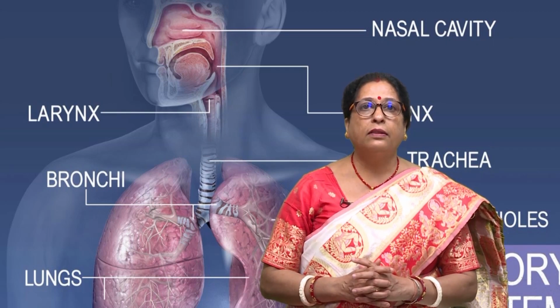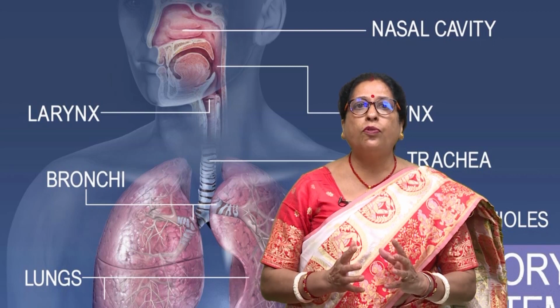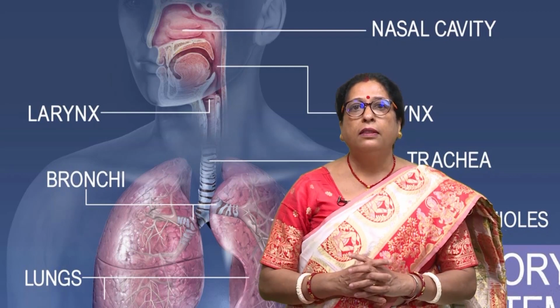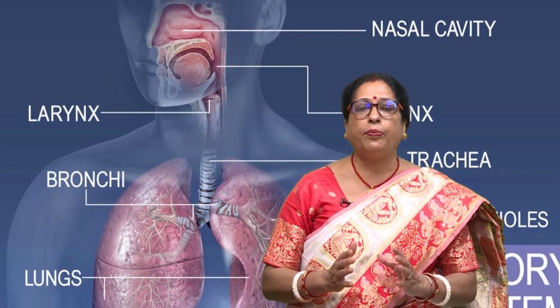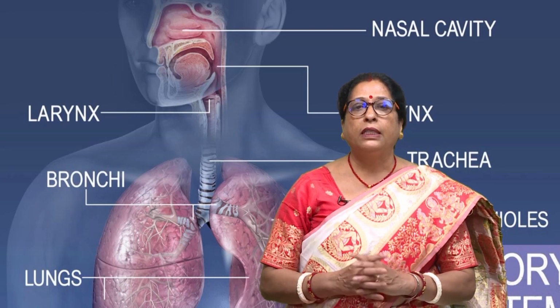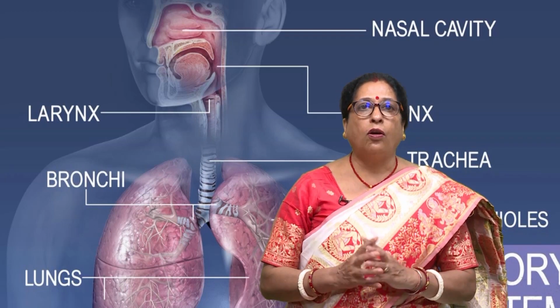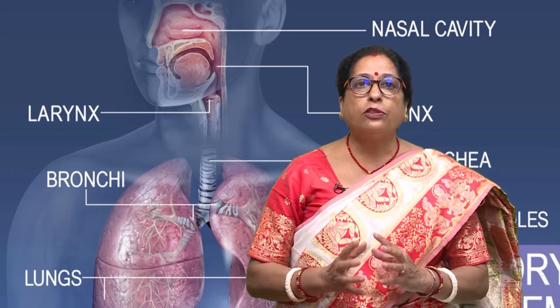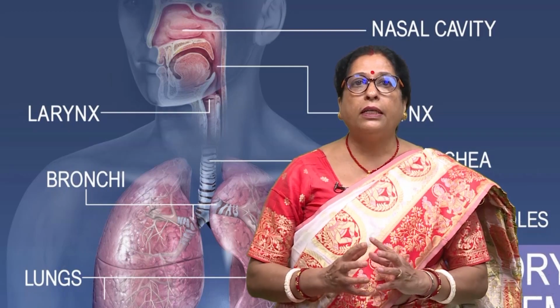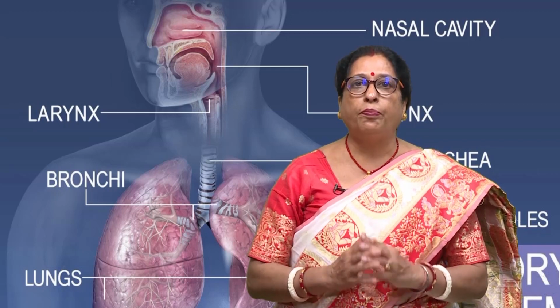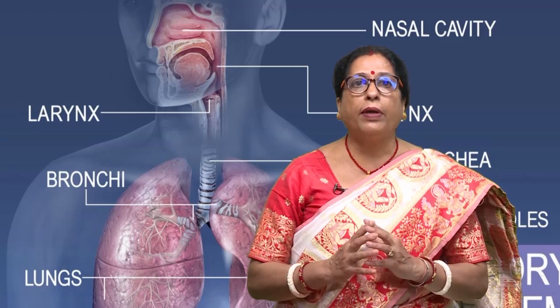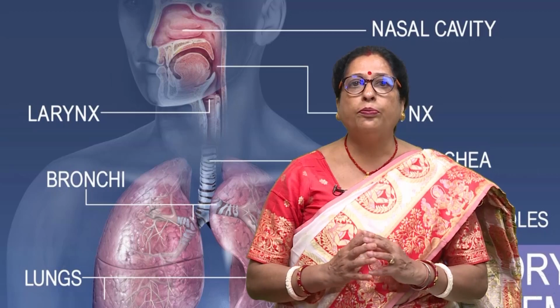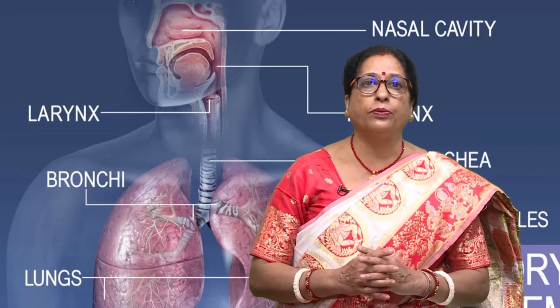Pharynx. Now, let us move on to the pharynx. The pharynx has 3 separate sections: the nasopharynx, the oropharynx and the hypopharynx. The nasopharynx, located above the soft palate, is the mechanism that lets you breathe through your nose.